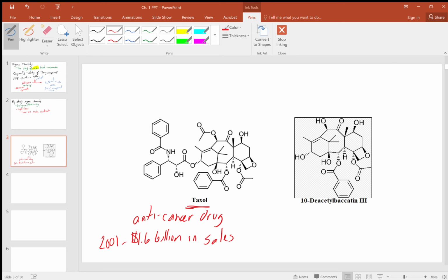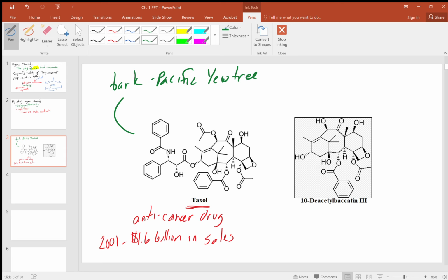The problem is where we find Taxol. So Taxol is found in the bark of the Pacific yew tree. And so it turns out if you take a 100-year-old Pacific yew tree and you strip off all the bark and you pull the Taxol out of that, you get 1 gram of Taxol.